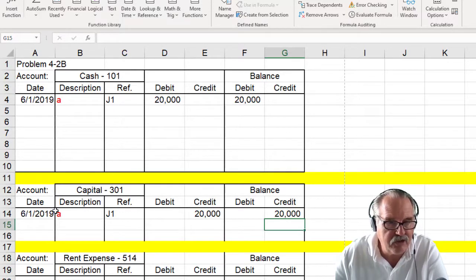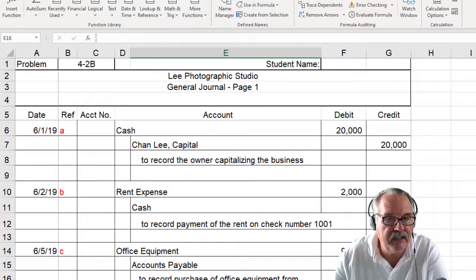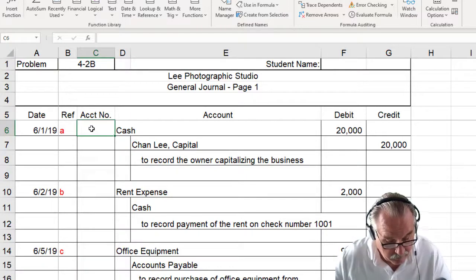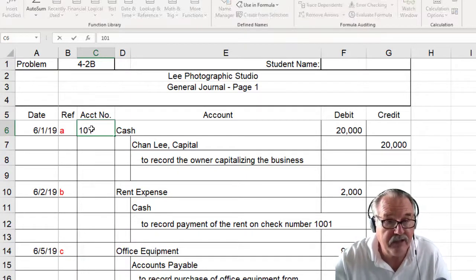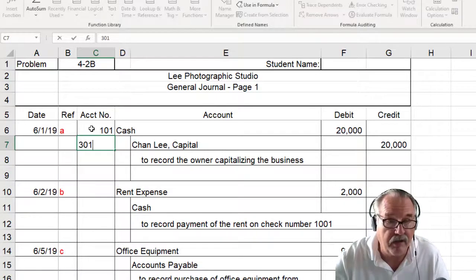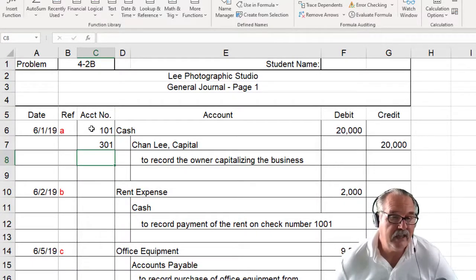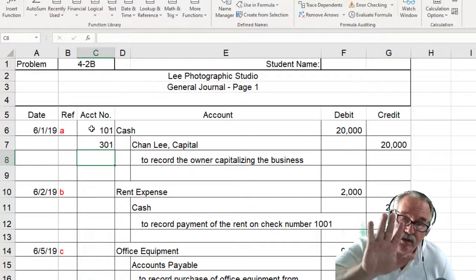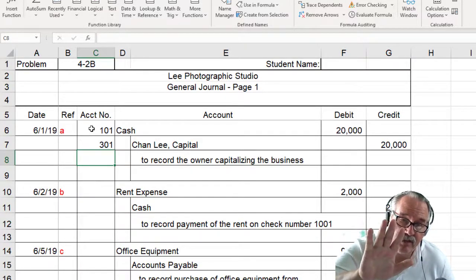Then I'm going to go back to the journal and I'm going to put in the account number. Cash is 101. This is right in your textbook. And capital is 301. So we always have in our chart of accounts our 5 types of accounts: assets, liabilities, equity, revenue, and expense. That's from chapter 3.